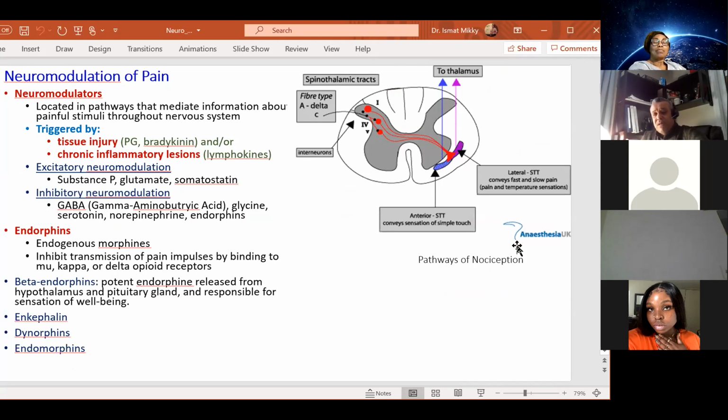Naturally, our body is able to produce endorphins. When you give the patient opiates, which are pain medication, we have receptors for them. So the pain medication is going to block the receptors and stop the pain.